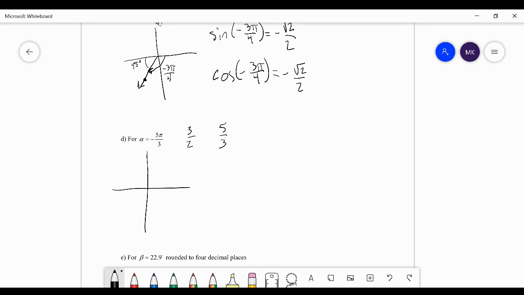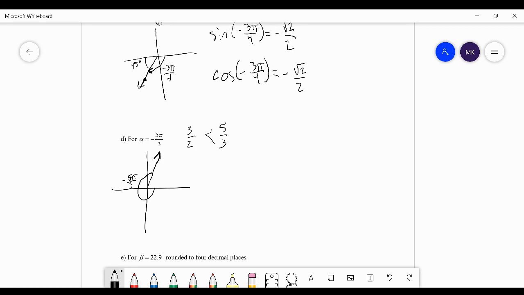For those of you who are decimal-oriented, you could convert these to decimals pretty easily. But we can think of it like this. 3/2 is 1.5, and 5/3 is 1 2/3. 2/3 is bigger than a half, so that means 5/3 is bigger than 3/2, which means our angle is this. So this is our negative 5 pi over 3.